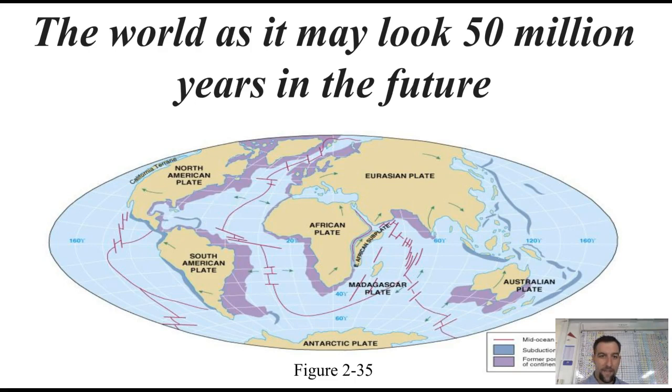So if we look at this map, in 50 million years, we have the continued movement of those plates. You can kind of see where our continents might end up. So if you look, you can see how North America is actually going to be further away from Eurasia. We can see the Eurasian plate. You can see how the Atlantic Ocean is going to get quite a bit bigger. The Pacific Ocean might get somewhat smaller because of that movement.